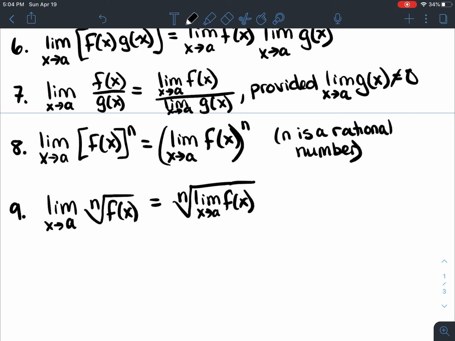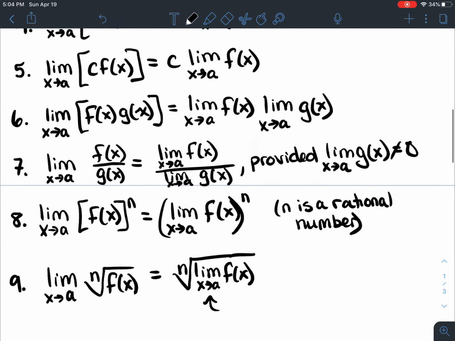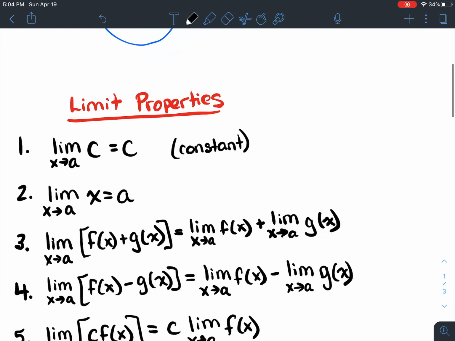Awesome. Provided that root exists, I guess. So provided this guy in here doesn't end up equaling a negative value, and then you can't. Okay. Awesome. So that's all of our properties. And you may or may not need them, but at least you have a giant list of them.